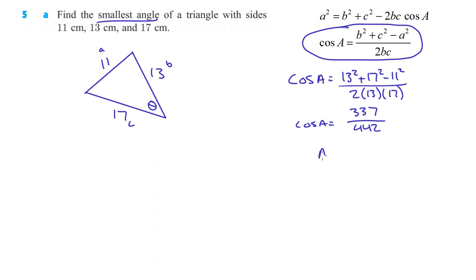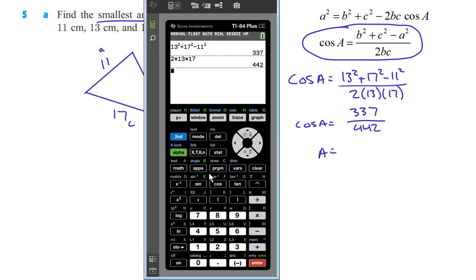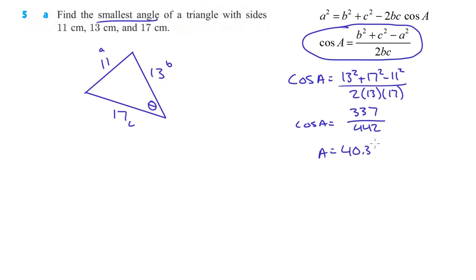And now we're looking for an angle, right? So whenever we're looking for an angle, it's second cosine, 337 divided by 442, and we get 40.3 degrees. So that one is number 5.